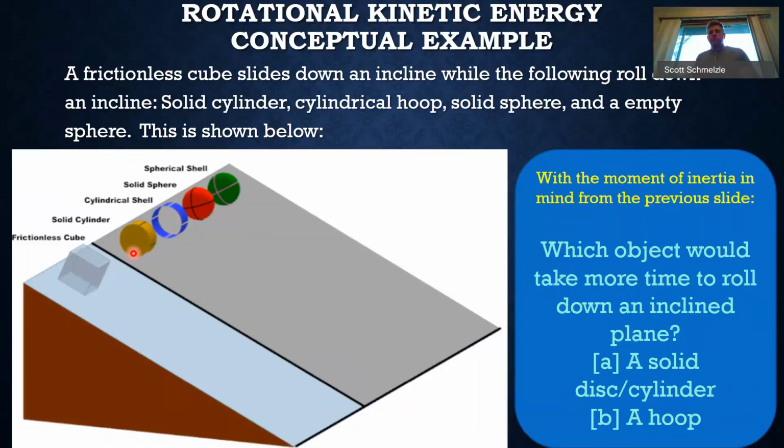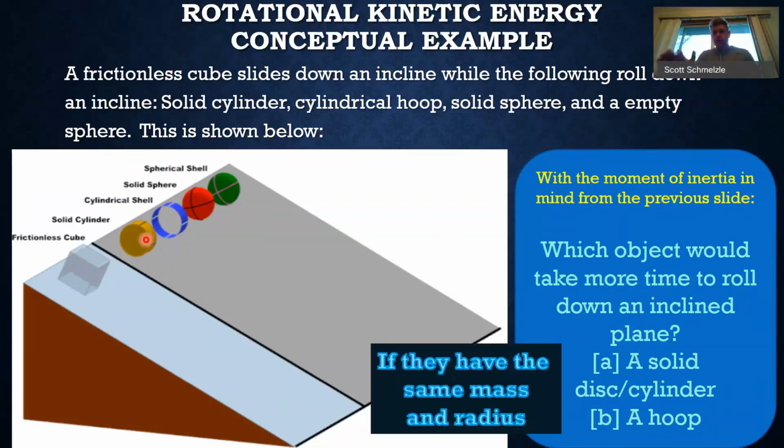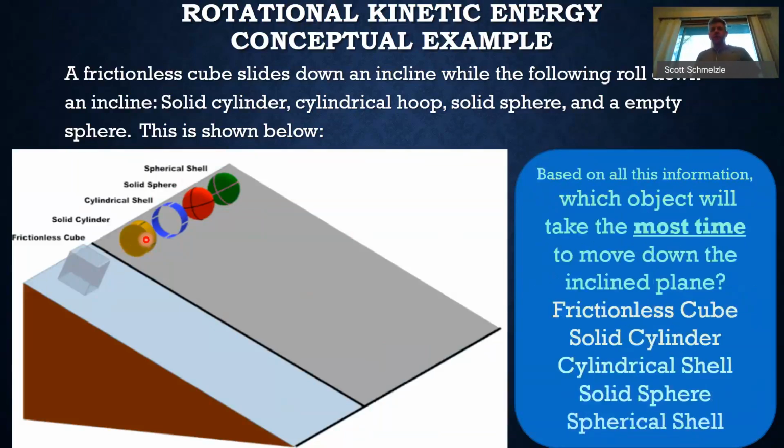Then, which object will take more time to roll down an inclined plane? Assuming we have the same mass and same radius, the one with a higher moment of inertia, because the kinetic energy is going to be the same for both, is going to be the slower one. So which one will take the most time to get down the plane?